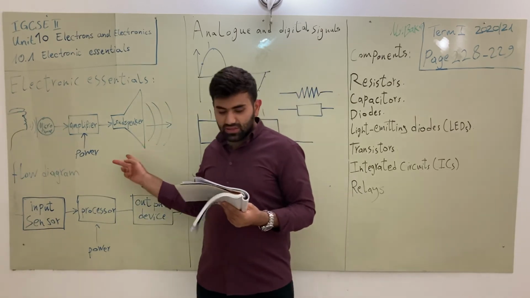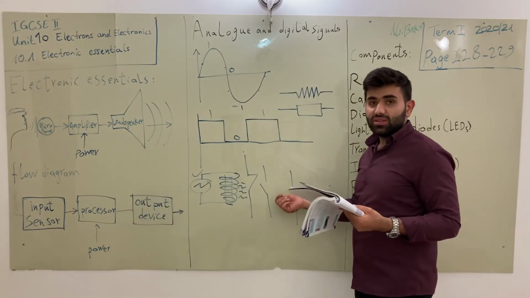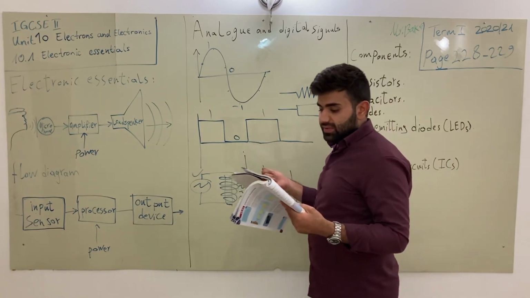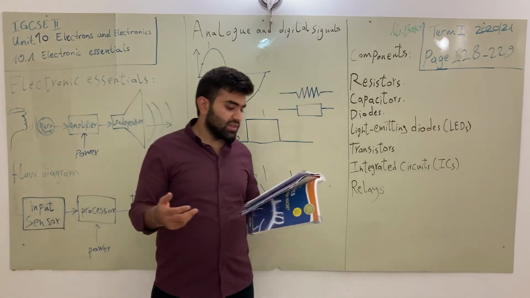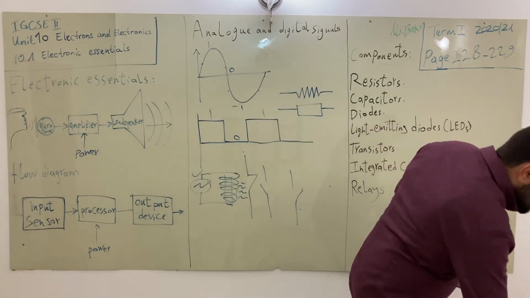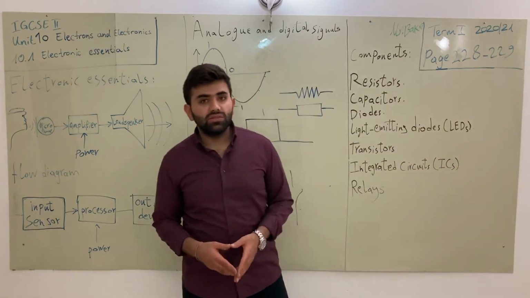Loudspeaker, we took an example like here. Relay, it's an output because it connects or disconnects. Electric heater, like the water heater or the normal heater. Electric bell, electric motor. All this you can find in your daily life.